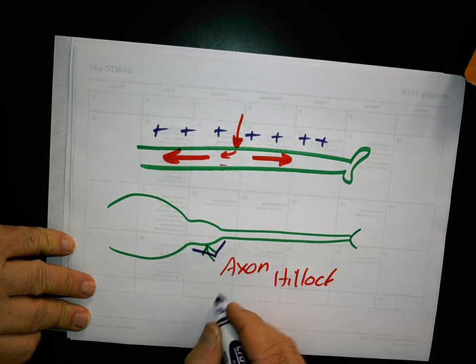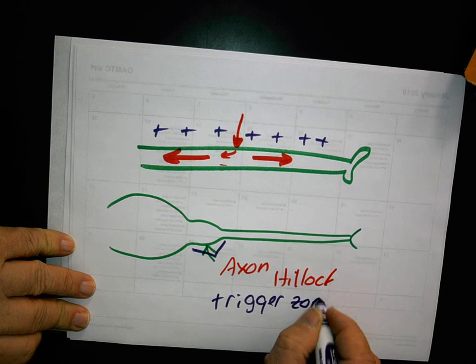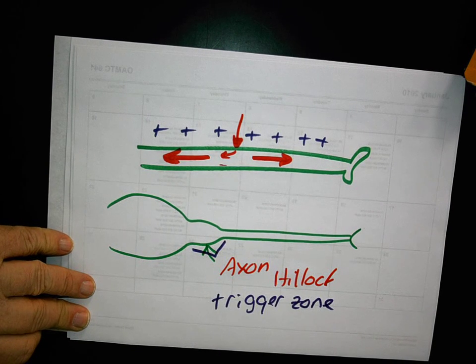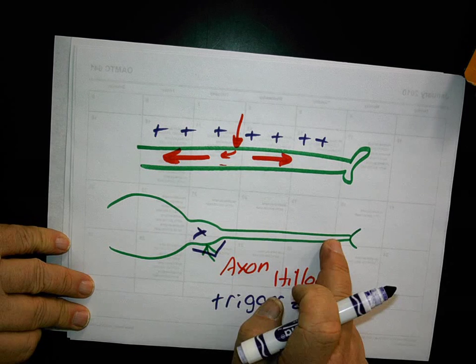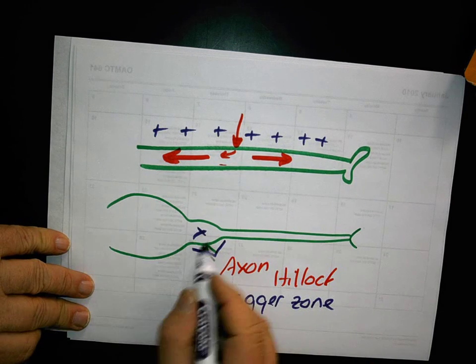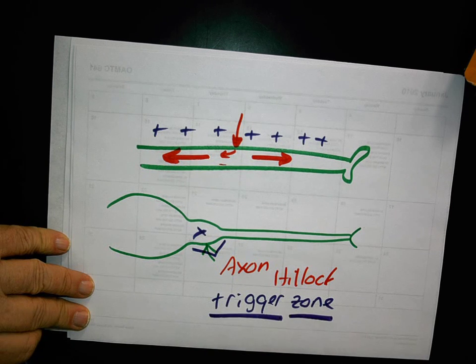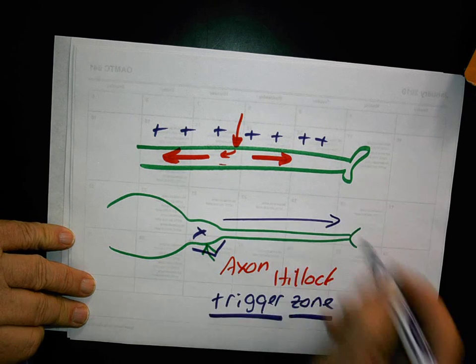Physiologically, it's called the trigger zone, because the first location of the cell that will reach threshold is going to be right here. Not here, not here, not really even here, but here. So this region is called the trigger zone, because that's the first place that will reach threshold. That's why the impulse will only travel one direction.